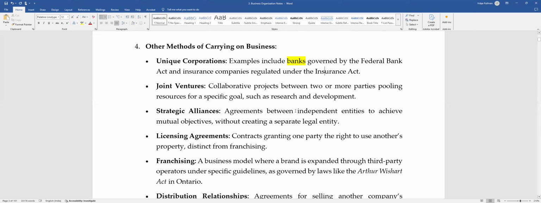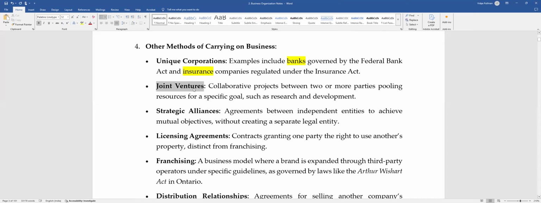It is different from our Tata or Birla or something like that. So banks are of a different nature. Insurance companies are of a different nature. Of course, they are also for profit only, more than other companies. But yes, they are called unique corporations. Their purpose is different, their structure is different, all those things.